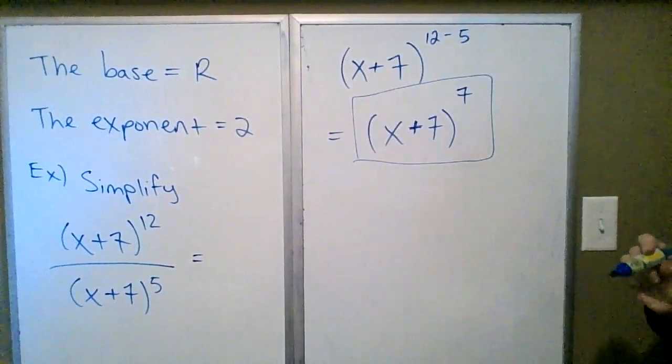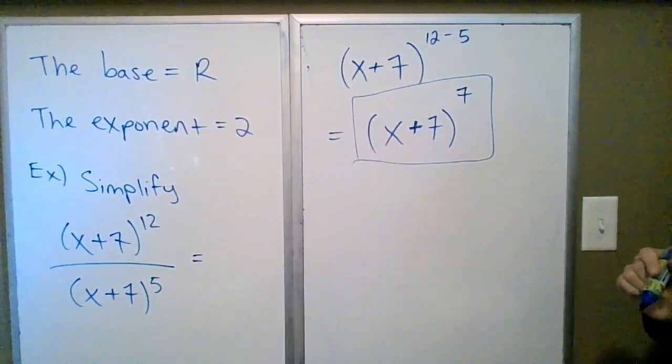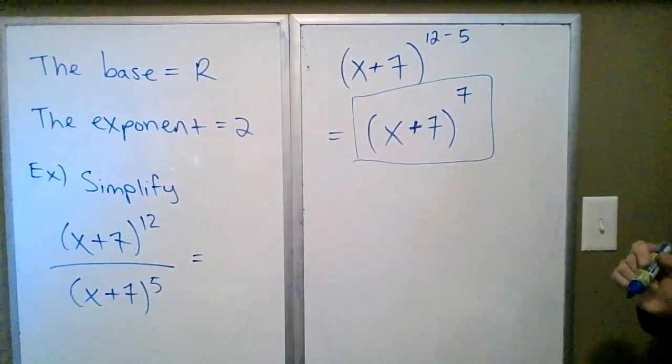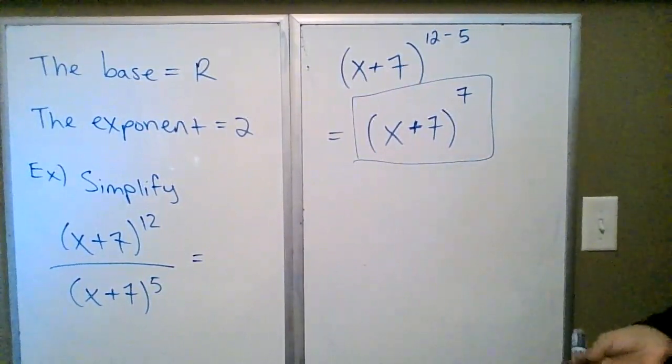The next problem is to take x to the 6th times x to the 5th times x to the 10th and simplify.